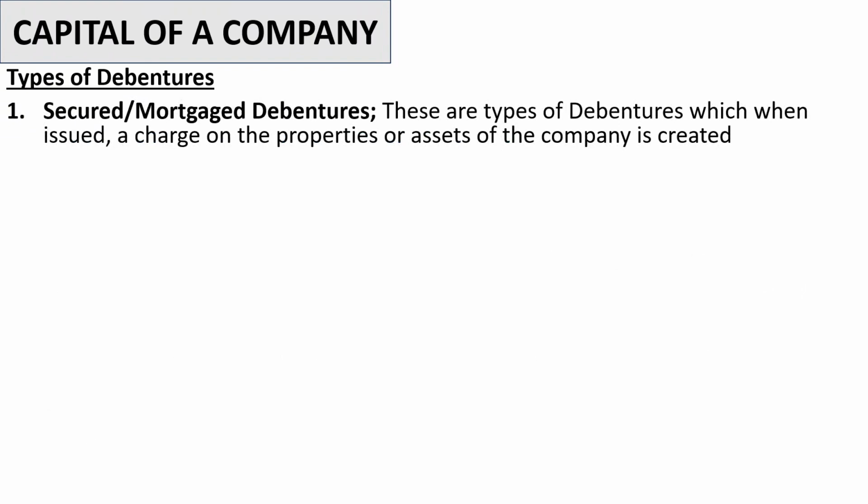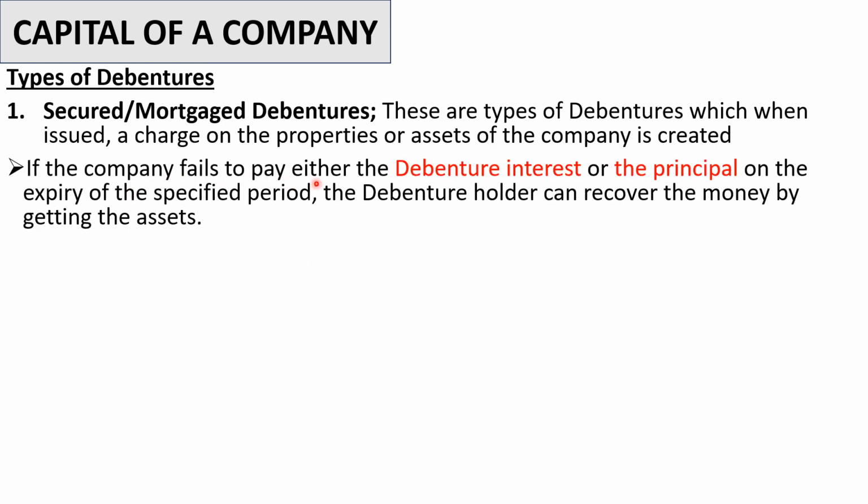So we look at types of debentures. The first are called secured or mortgaged debentures. Secured or mortgaged debentures are types of debentures which, when issued, a charge on the properties or assets of the company is created. This means that when the company gets that debenture, the creditor states that if the company fails to pay that amount of money, it's going to get an asset of the company as payment.